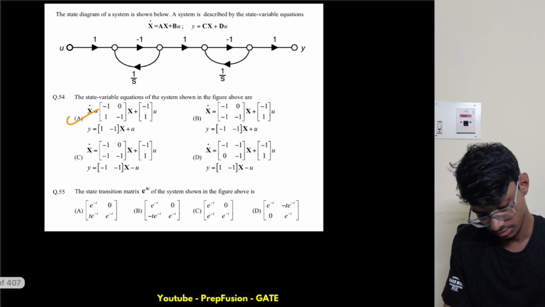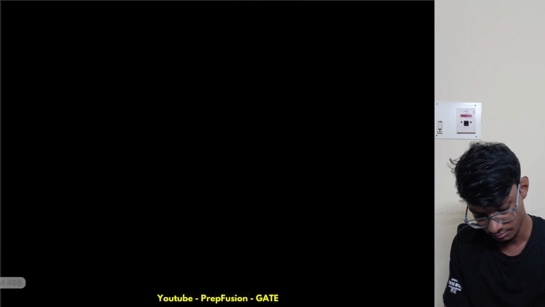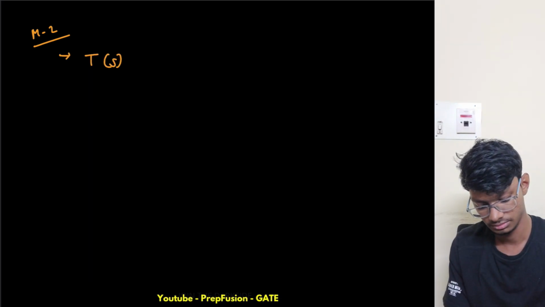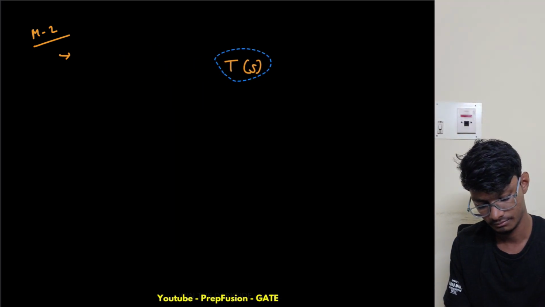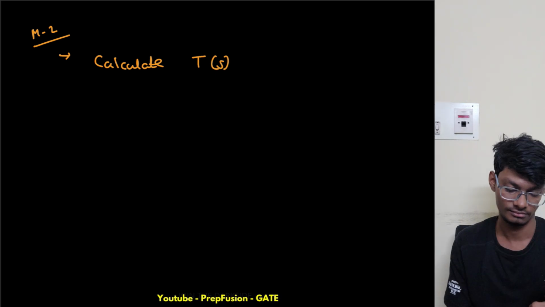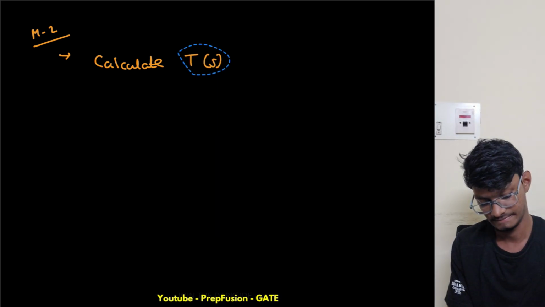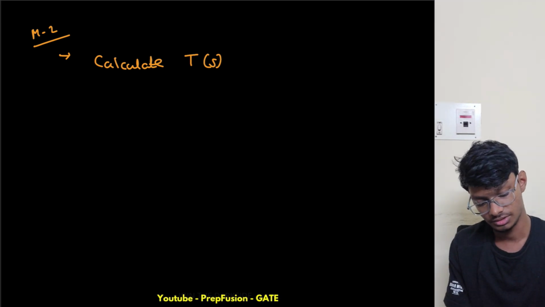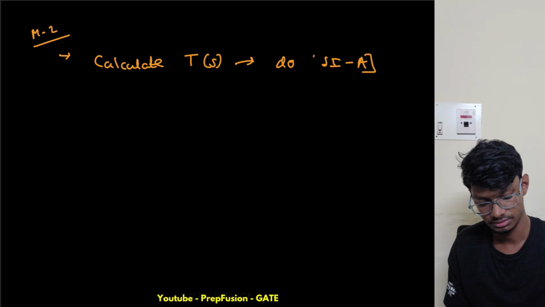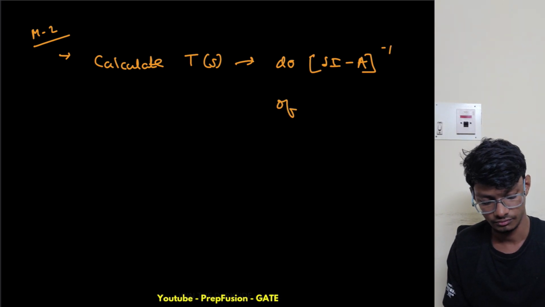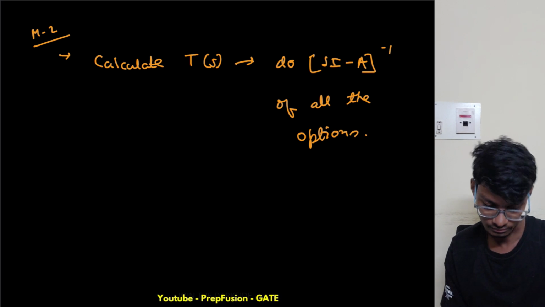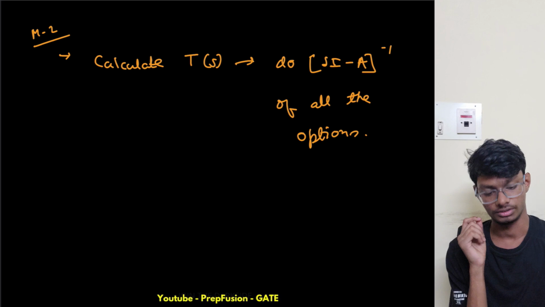Method 2 is calculating the transfer function and checking options: do SI minus A inverse of all the options. So this is what method 2 is.